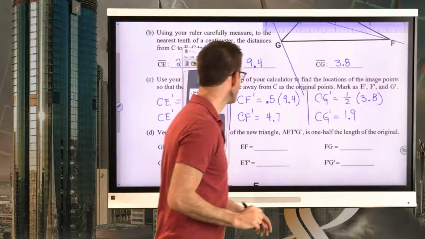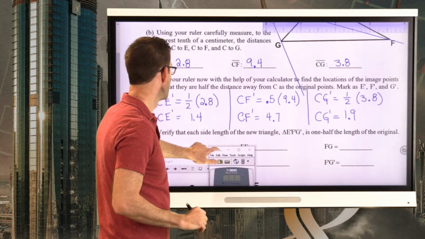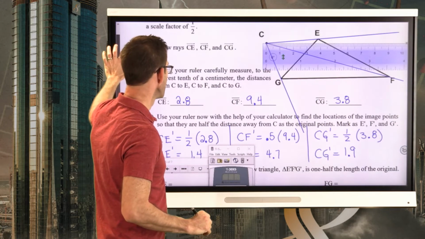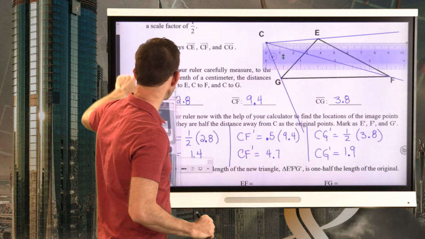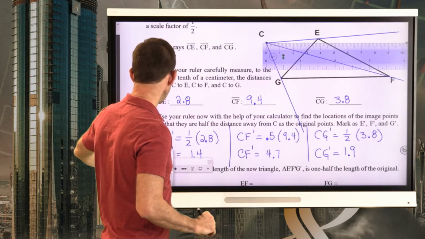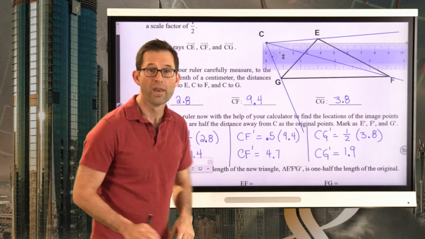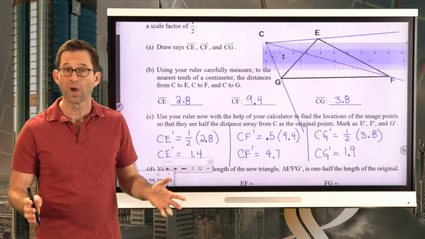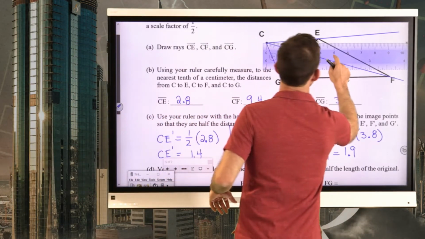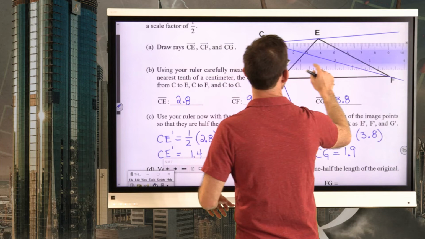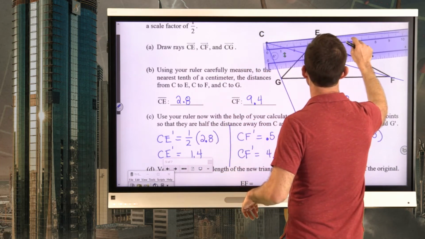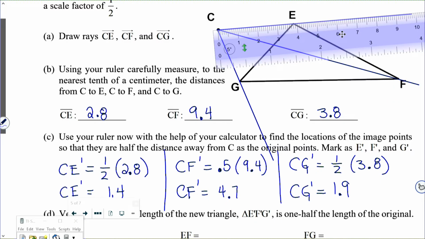Now, of course, just having all those numbers doesn't quite get us all the way there. Let me see how many things I can block here with my calculator. Maybe move it down to here. That'll do. Now I actually have to plot the points. All right, so CE prime, let's do that first. We know that that is going to be, why is that wrong?